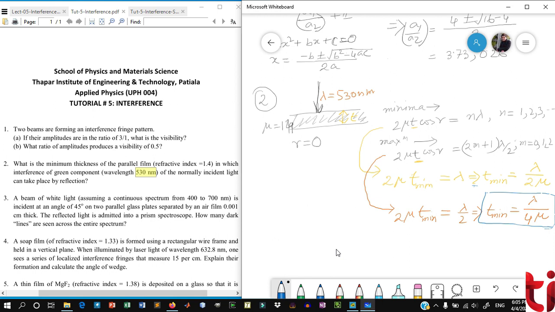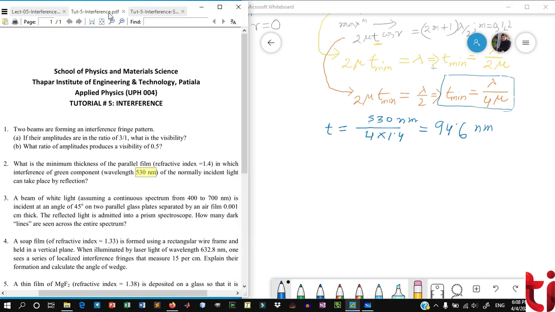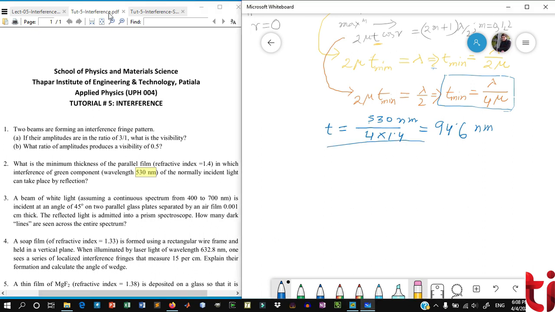T minimum is lambda by 4 mu, which is 530 nanometer divided by 4 into 1.4, and this is equal to 94.6 nanometer. So this is the final result for question number 2.